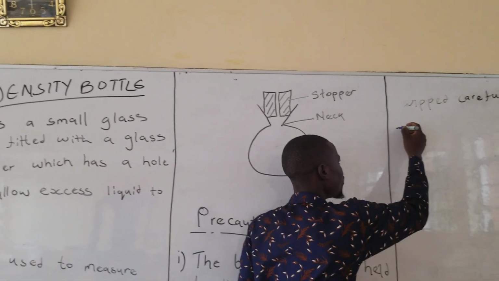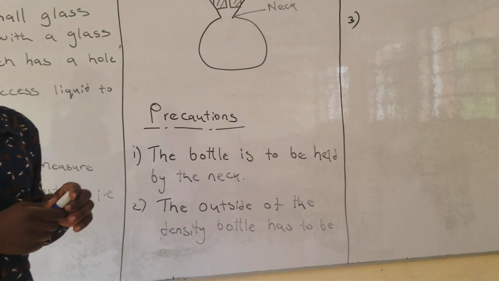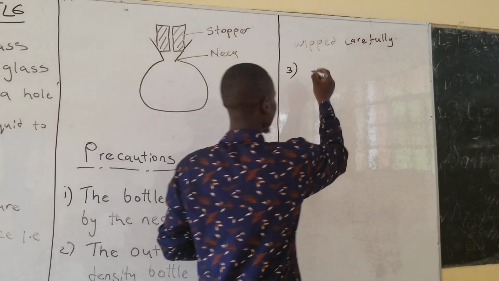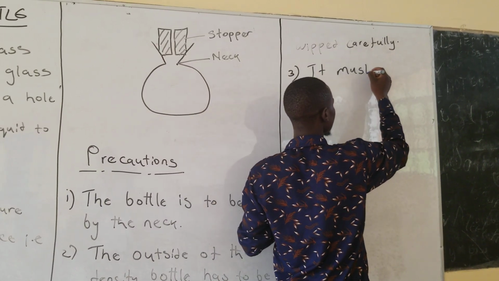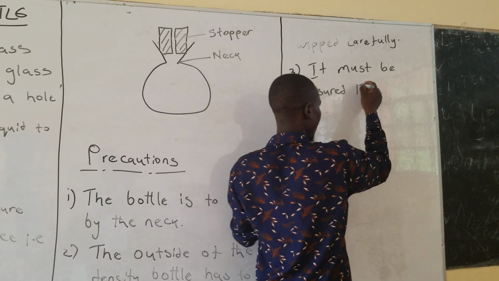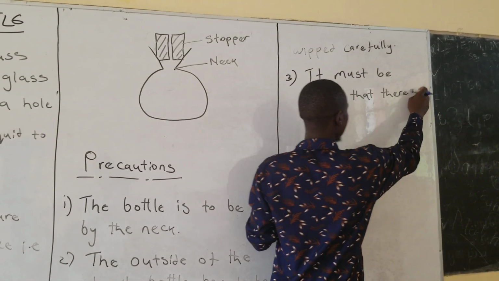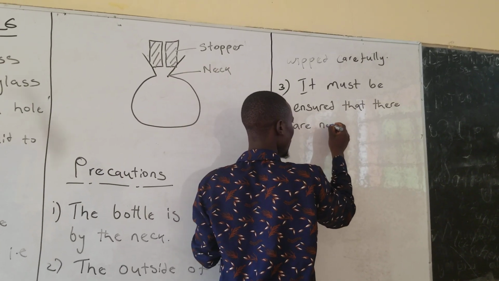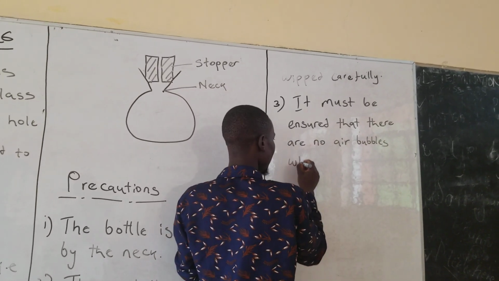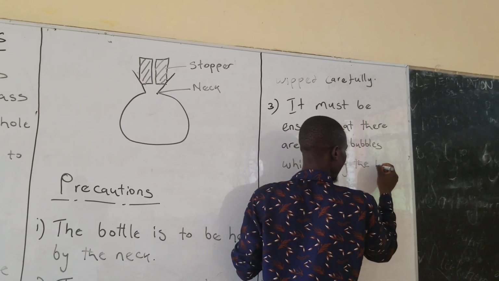The third precaution that we are supposed to consider while handling a density bottle is that it must be ensured that there are no air bubbles while filling the bottle.